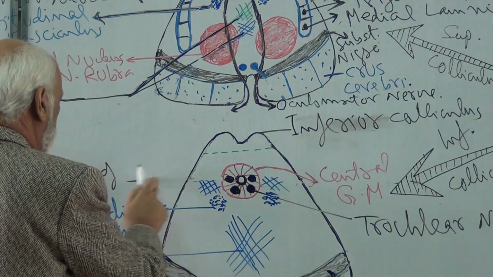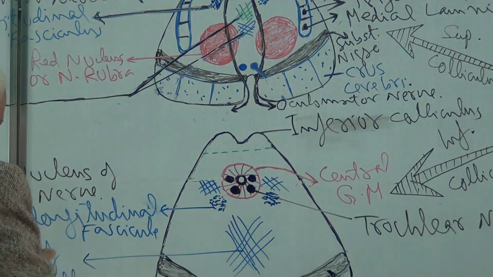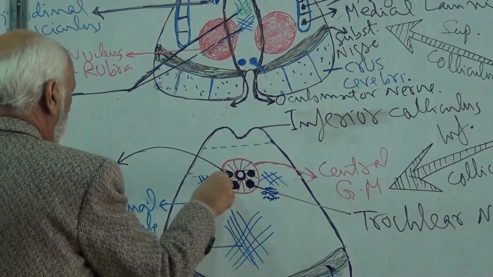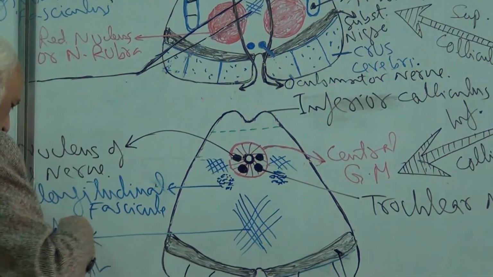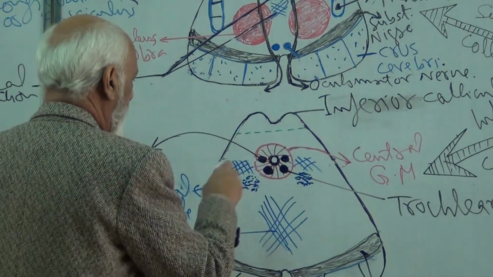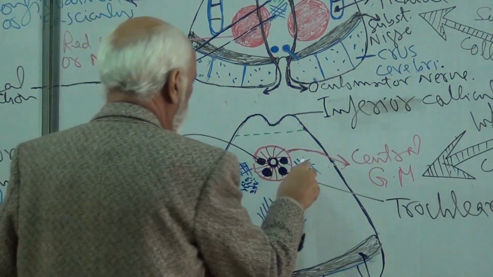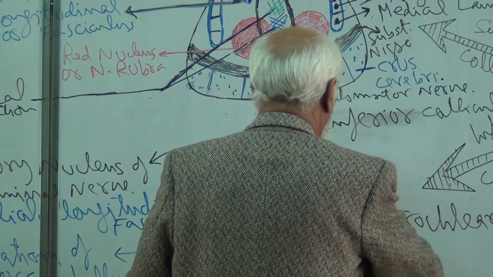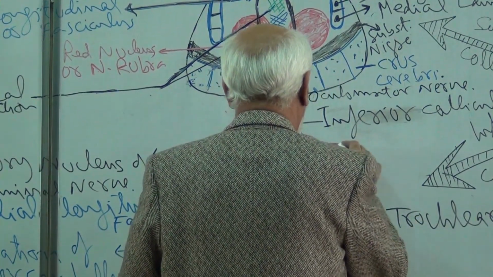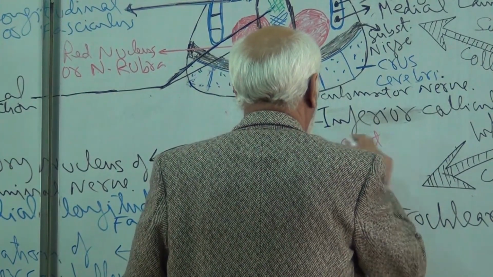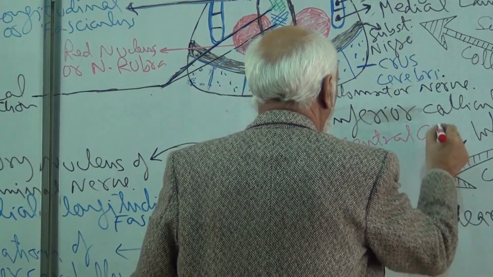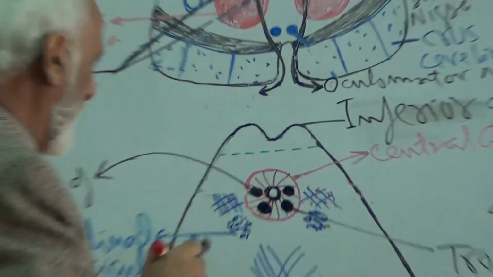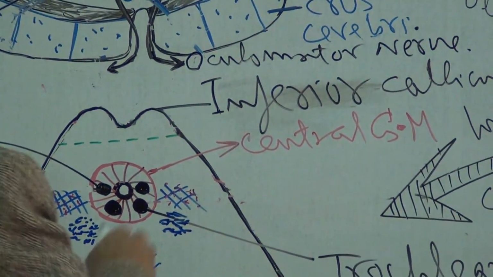So a mixture of nerve fibers and gray matter on each side is the reticular formation.